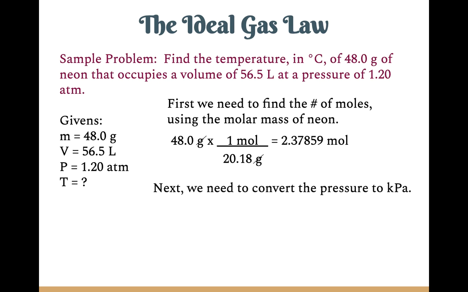Then we need to convert the pressure to kilopascals. We can do that with the fact that we know that 101.3 kilopascals is the same as 1 atmosphere. So 1.20 atmospheres is 121.56 kilopascals.